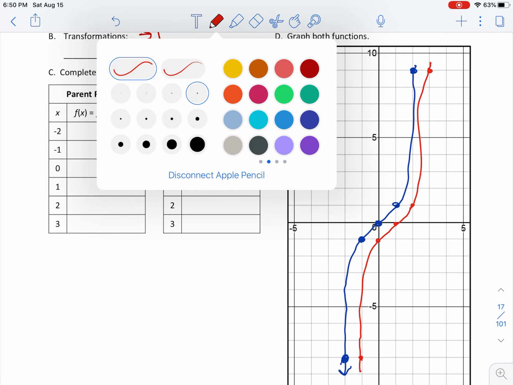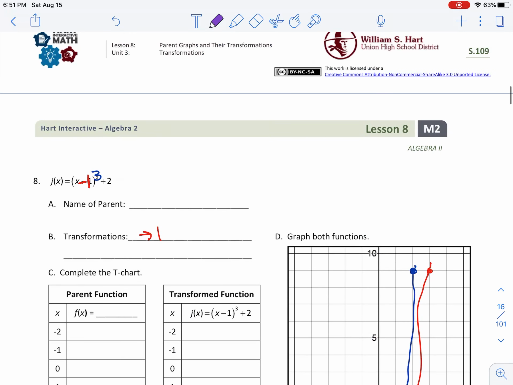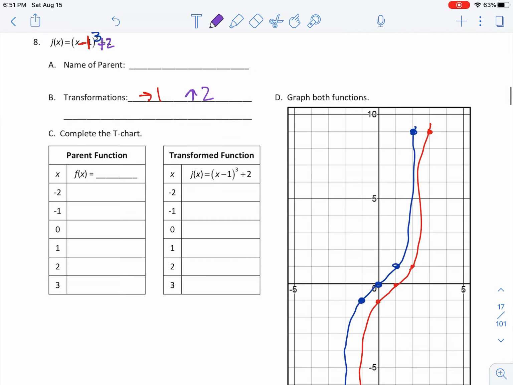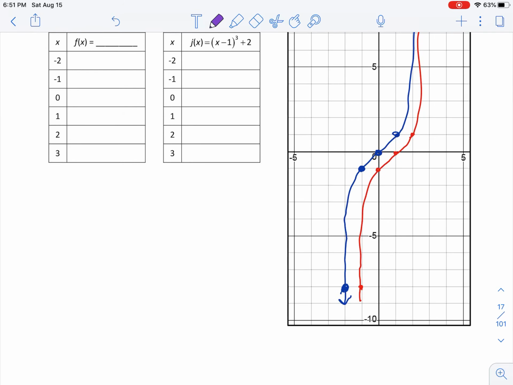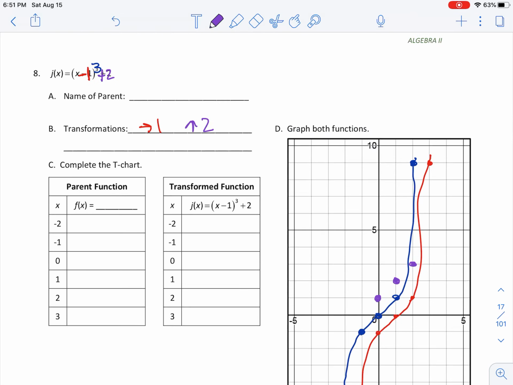Then my next piece tells me to do a +2 on the outside, which moves up 2. So I take my red one now and I move my red one up 2 pieces every single time. That one I went up 3. 2 pieces, 2 pieces, and then 2 pieces puts me off the graph over here. Oh no, it doesn't.